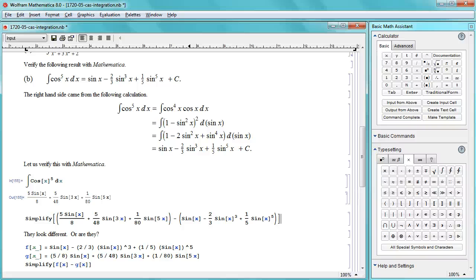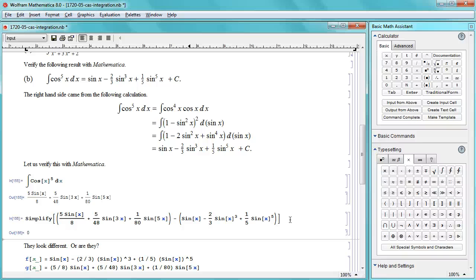And let's simplify this minus that. And if these two are the same, simplification will have to be 0. And are they the same? Well, indeed. So the Simplify command can be used to verify your computation with Mathematica's computation like this.